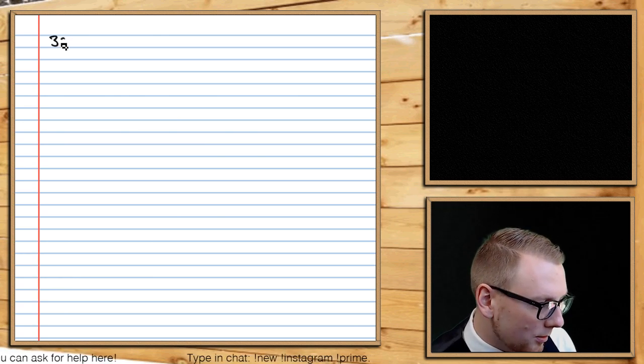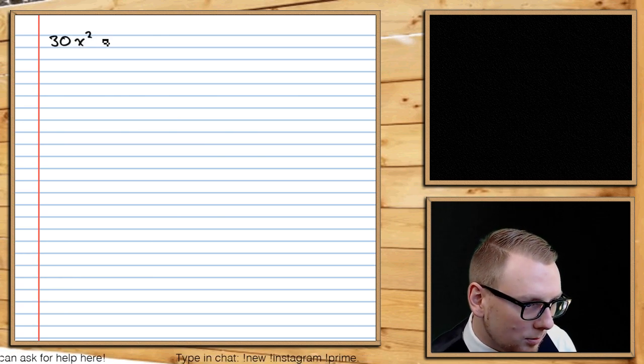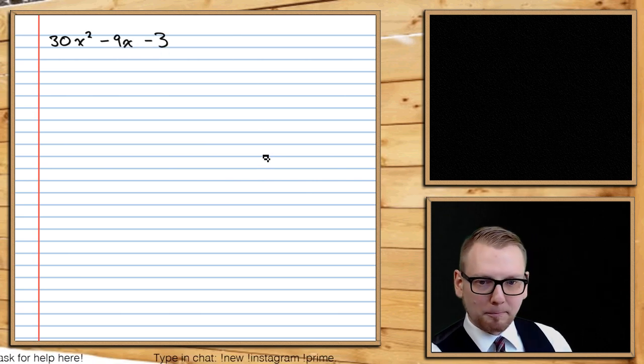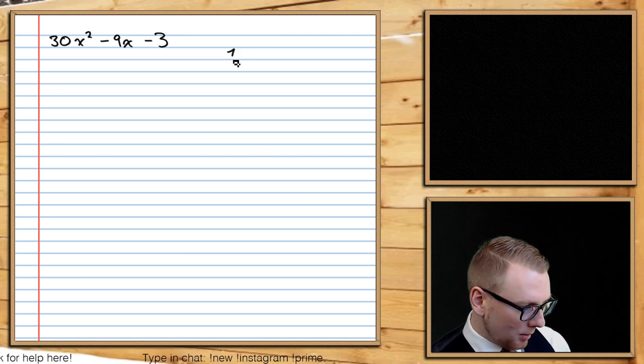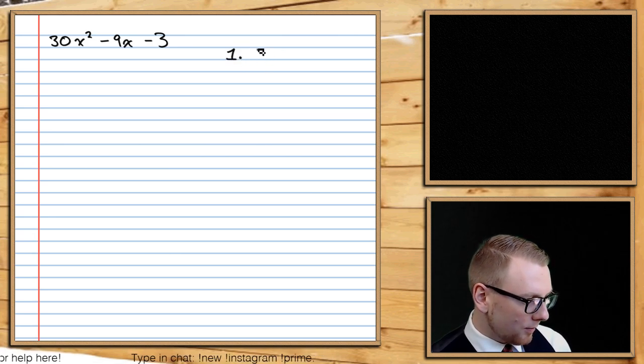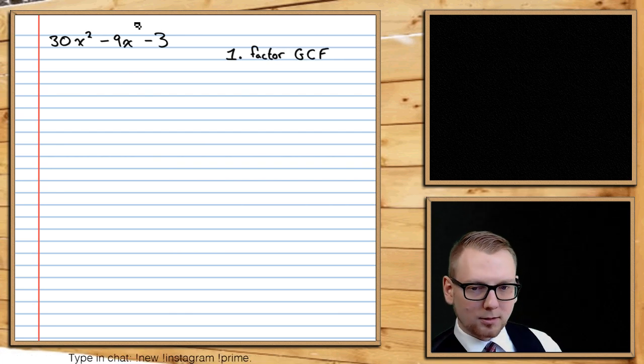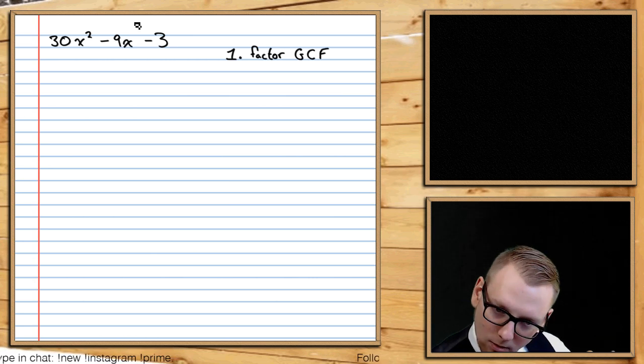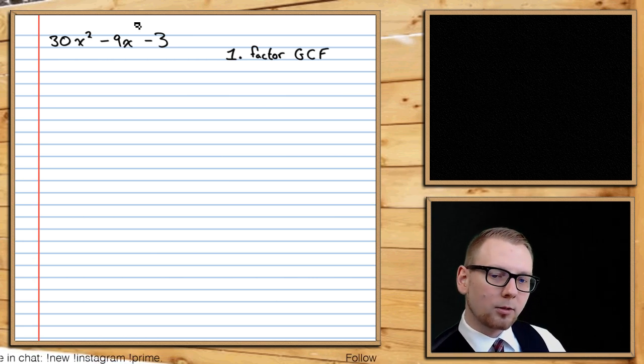So we've got 30x squared minus 9x minus 3. Okay. Step 1 is factor here in this question. Three. Perfect. Okay, so what does it look like when we factor out a 3?